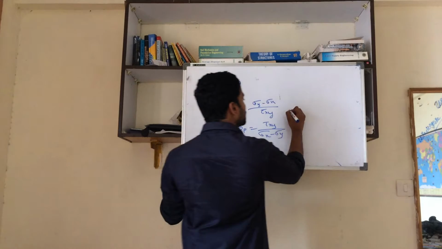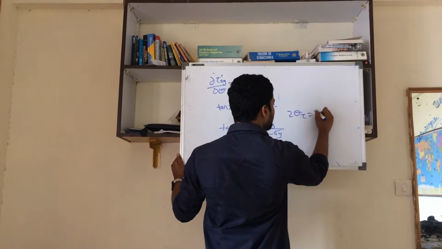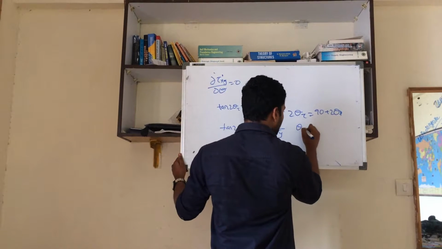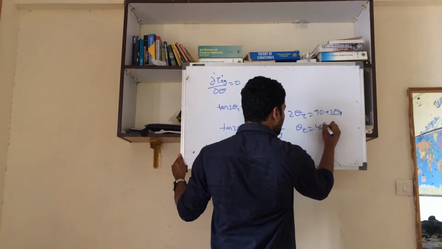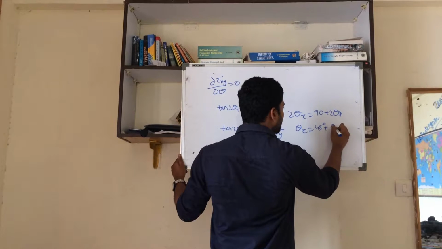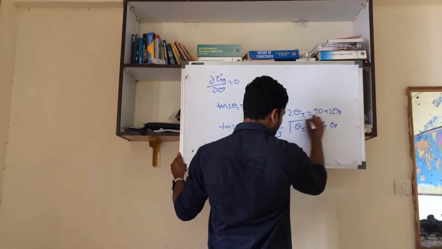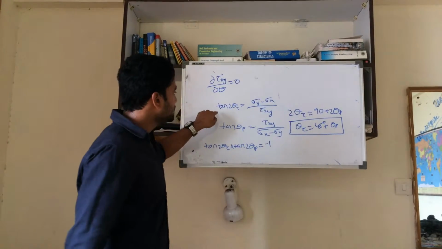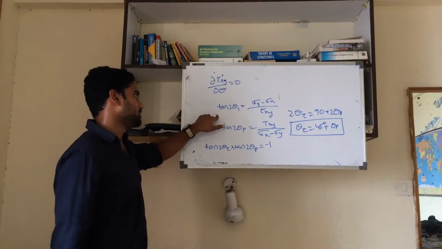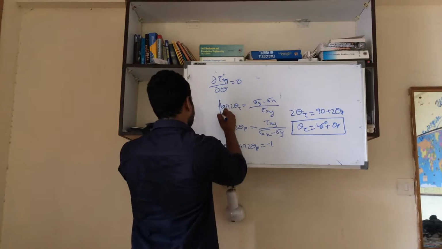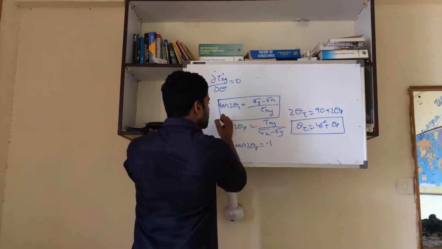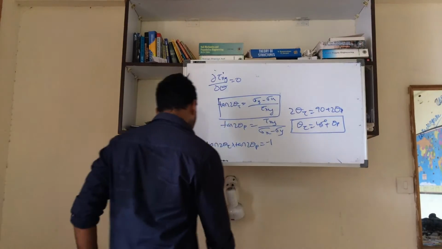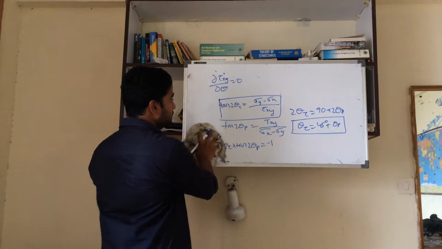That means 2 theta t is equal to 90 plus 2 theta p. That is, theta t is equal to 45 degrees plus theta p, and on this plane you will get the maximum shear stress. So theta t is equal to 45 degrees plus theta p.